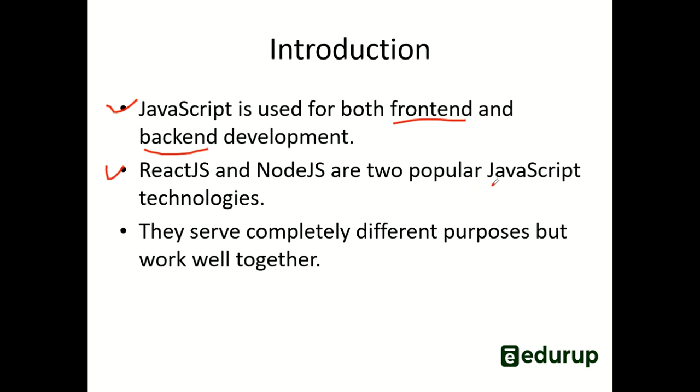These are very popular JavaScript technologies. They serve completely different purposes but work well together. They have different purposes; they are not the same. We are connecting the front end with ReactJS and the back end with Node.js, which means they have completely different purposes.